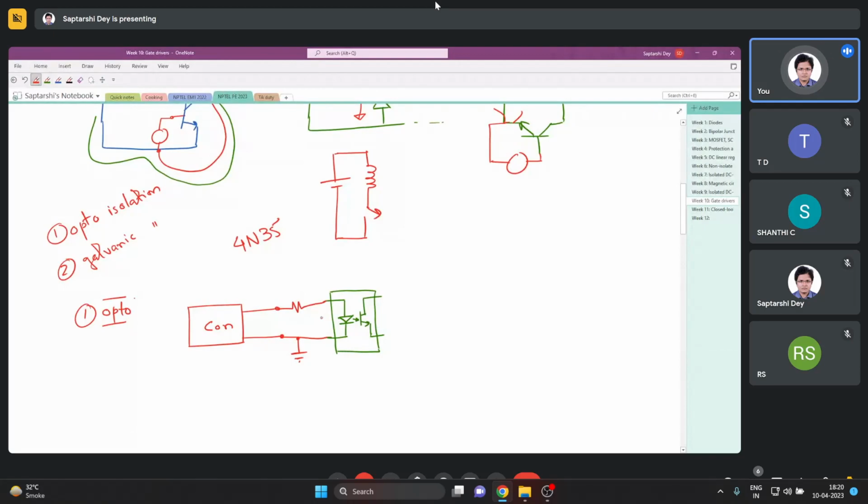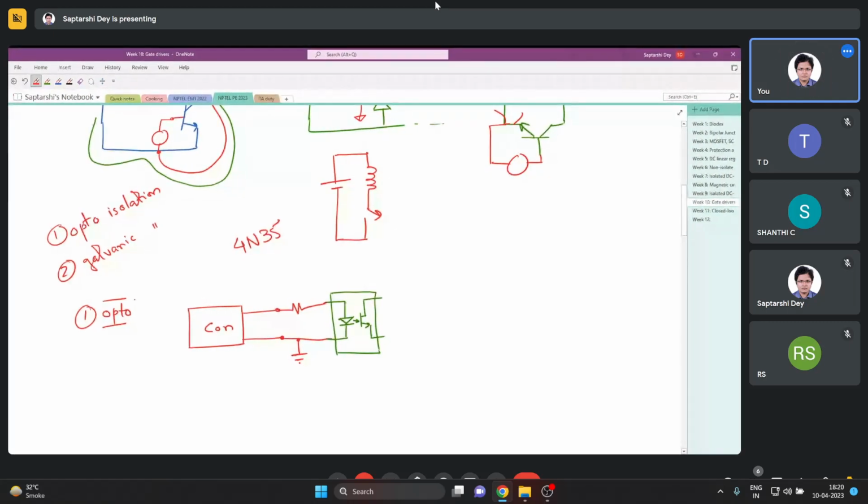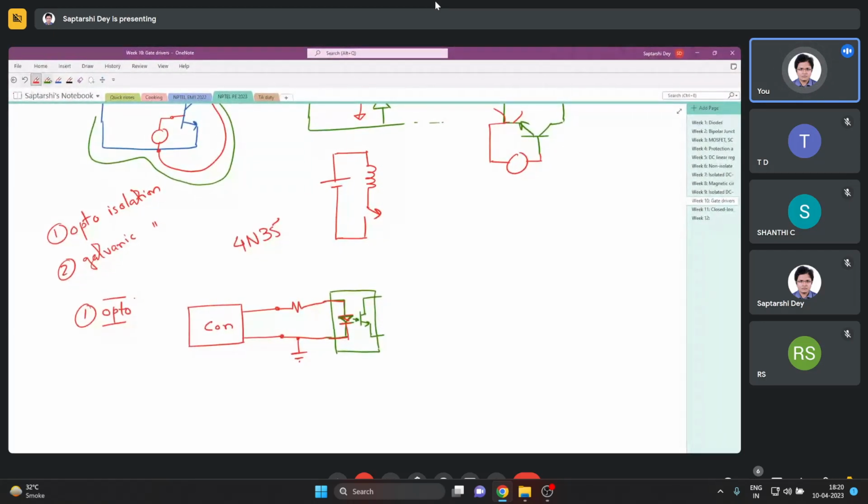So the ground that you have here and the ground that you have here, let me make it red, they are different. Clearly they have physical isolation, but the problem is this optical channel cannot provide enough energy or enough power which can turn on the switch. So you have to have power also.